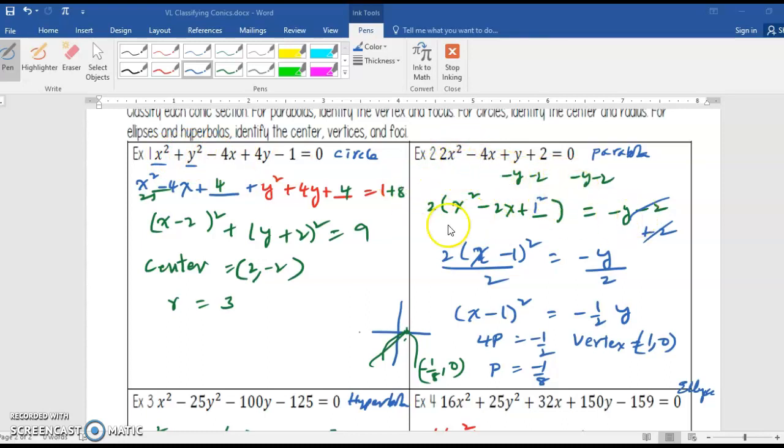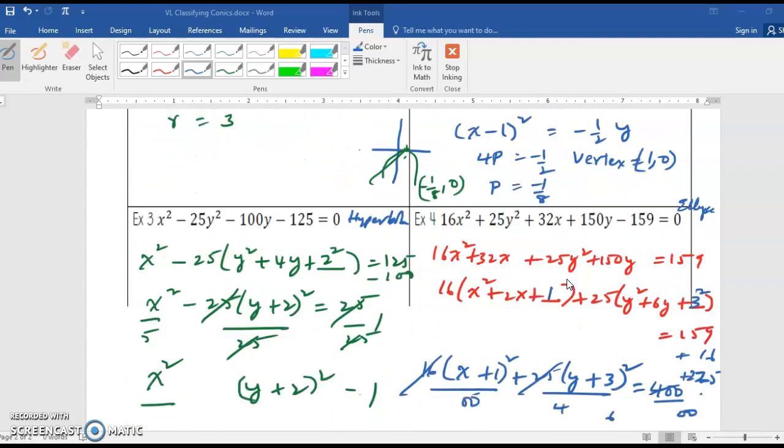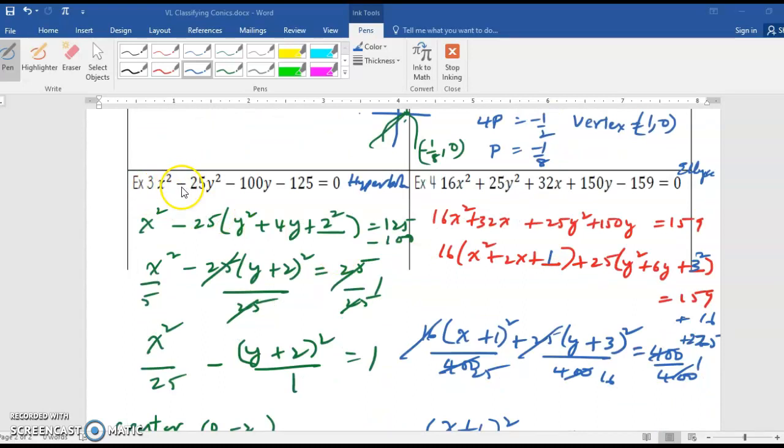You just have to rearrange, and then you will get your completing the square method. Use that and you will get the equation as x minus 1 squared equals negative half y, and this will be the vertex 1 and 0. But since 4p is negative half, p is just negative 1/8. So that's one thing. And yeah, there is a minus here, so it's going to be a hyperbola.